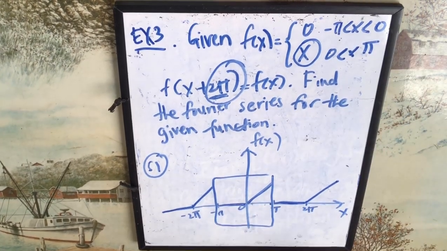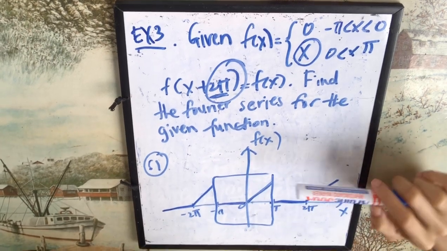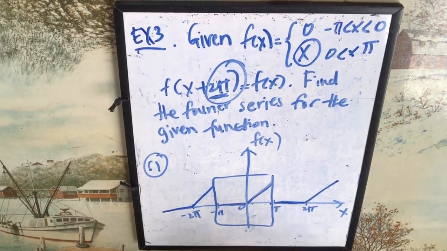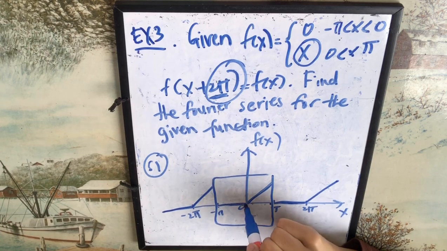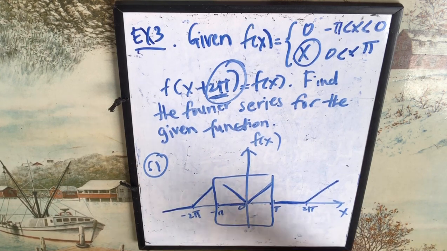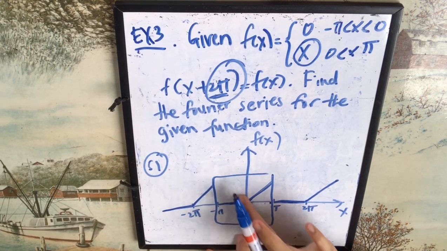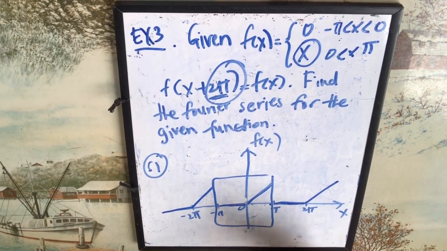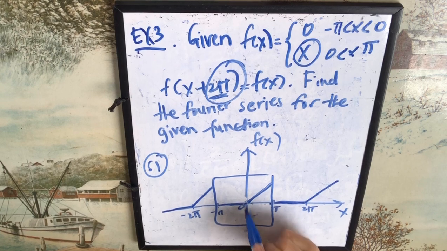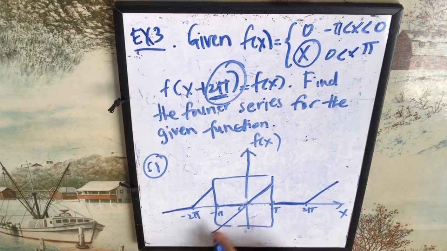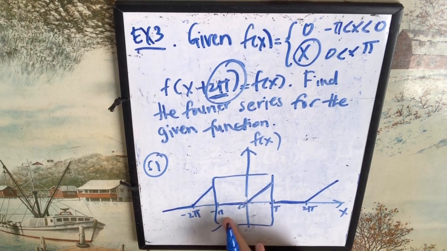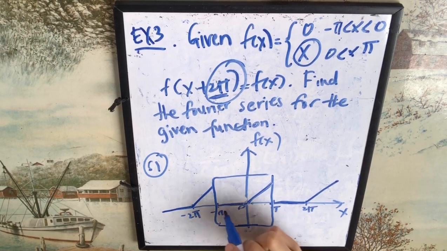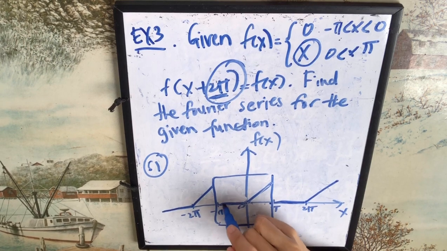So now check whether this function is odd or even. Is it symmetrical on the y-axis or not? No. If it were symmetrical on the y-axis, the graph would have to be somewhere here, but we don't have this shape or this line. If the function is odd, it must be symmetrical about the origin, so the line must be somewhere here, but we don't have this line.